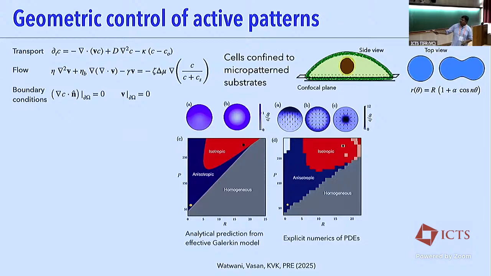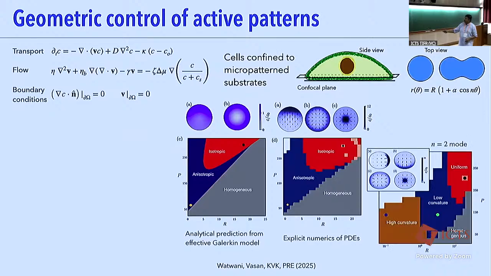And we predict analytically that there will be a homogeneous state, there will be an anisotropic state, something like this, where there's a peak concentration at one of the edges, and something where there is an isotropic state. Numerics also shows something very similar. If you perturb the geometry, let's say rather than a circle, you make it a mode 2 deformation, I can't do anything analytical. I don't know eigenfunctions of the Laplacian for arbitrary geometries, but I can do numerics.